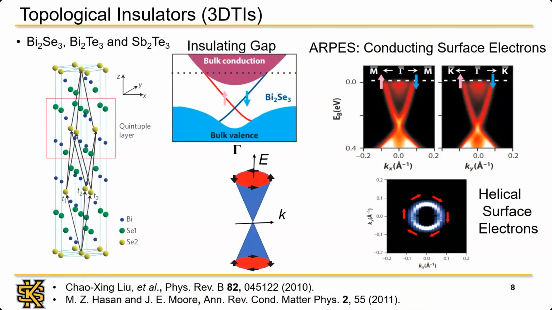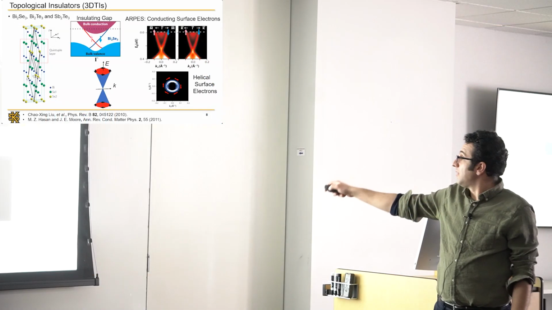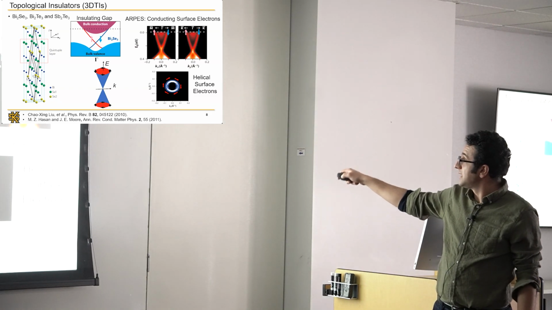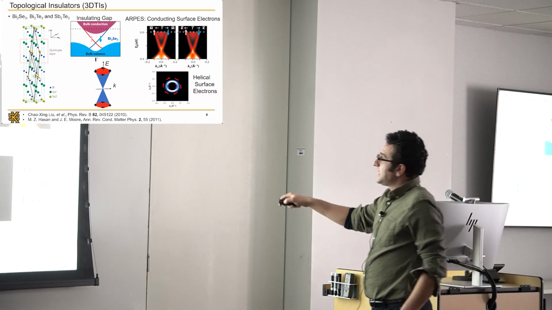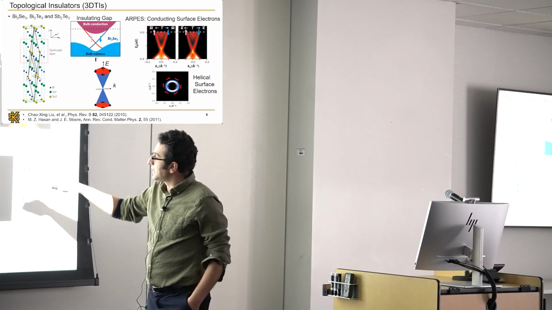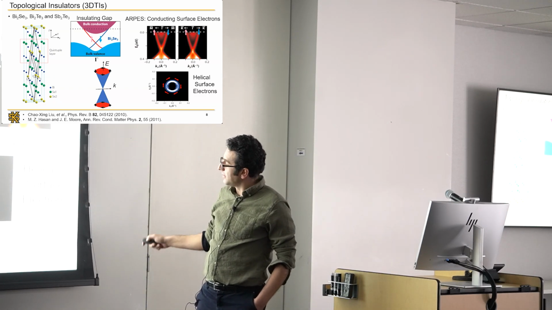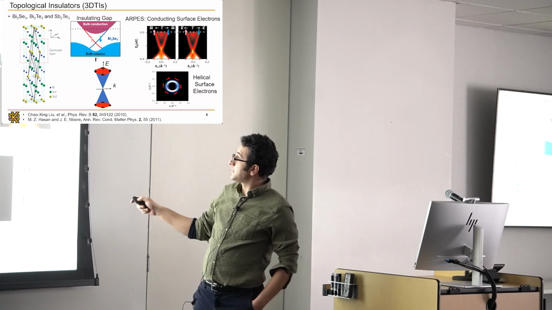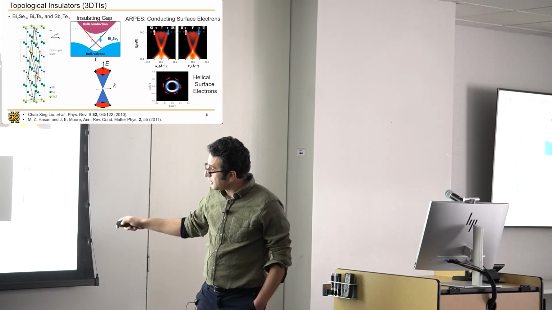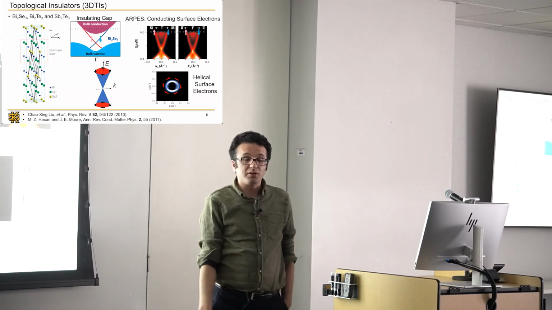When they do this, they notice that there are massless states that live only at the surface, and are helical states. As we said, helical means that there is a spin-momentum coupling and that the state is massless. Both aspects, the presence of this state at the surface and also the helicity of the states, were experimentally verified through these experiments.